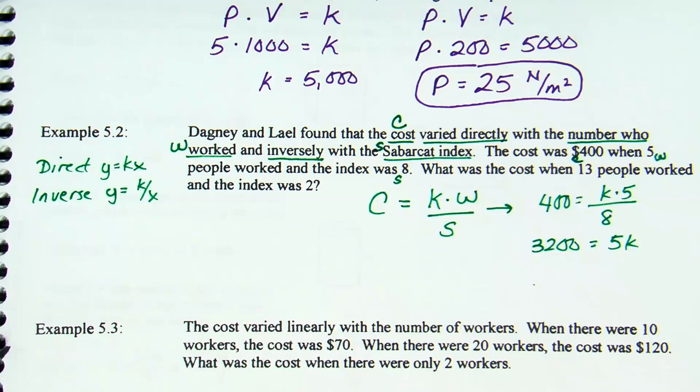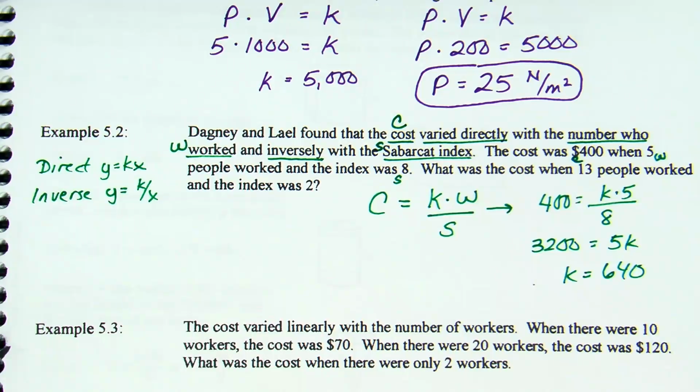Divide by 5. And K is 640, I believe. Okay, so that's the K value we're going to use now.